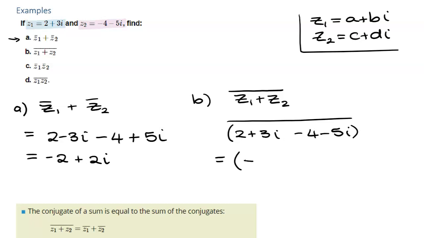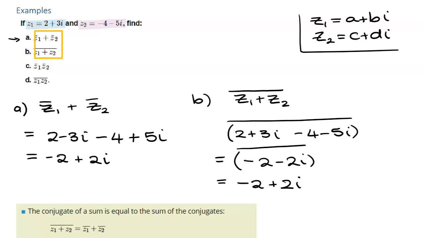That's going to be -2 minus 2i, and we're taking the conjugate, so we just put a line over the entire thing. Taking the conjugate of that, -2 stays the same because that's the real part, but the imaginary part changes. It appears from this quick example, again not a formal mathematical proof, but you're welcome to explore that, that the order in which we take the conjugate doesn't matter.